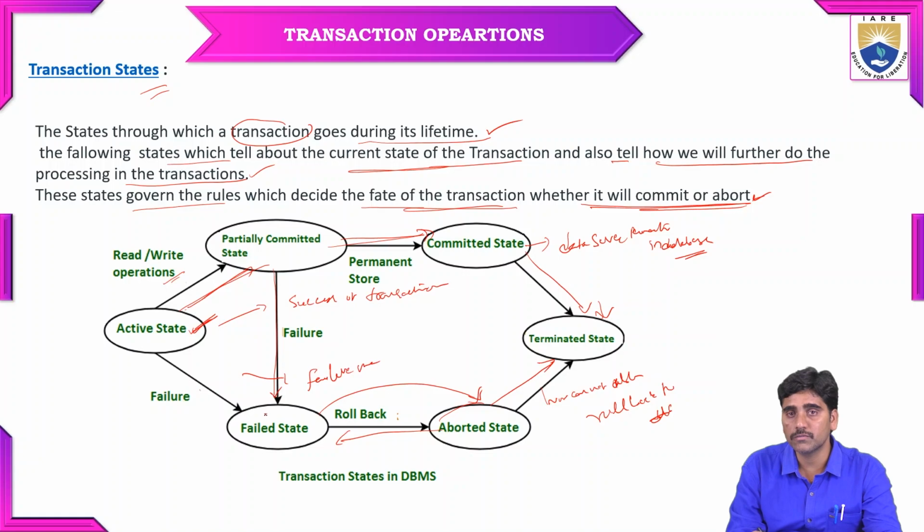If the active state fails with a failure, it automatically goes to the aborted state, and from there it is terminated. So these are the two paths performed during transactions, whenever the transaction fails and whenever it succeeds. During failure, it goes from the active state to the failed state, or from the active state to the partially committed state to the failed state, then the aborted state, then the terminated state.